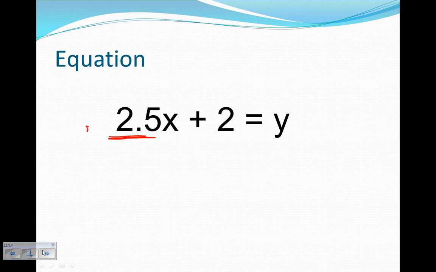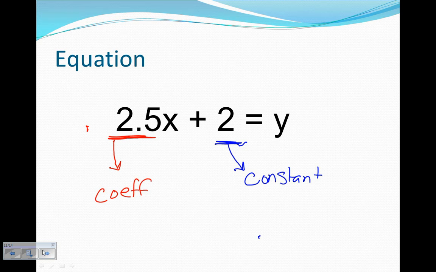All right, this number right here, the number that is attached with the x, that is my coefficient. Okay, it's not the first one, the last one, it's whatever is attached to my x. This one that is by itself, a one-time charge, this is a constant. Well, why is that the constant? Well, because if we went to go into this amusement park, this is the cost to get in.